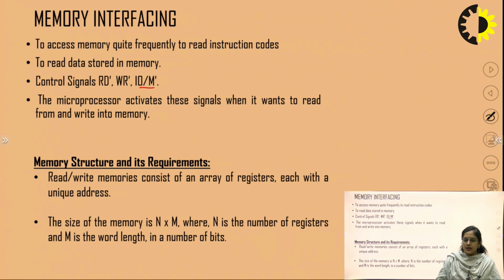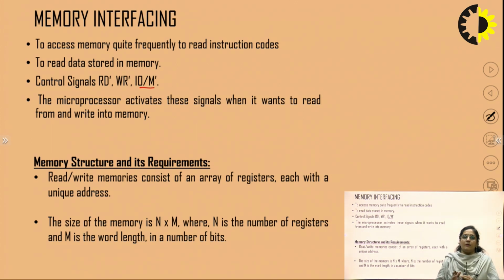If microprocessor has to write something, that is it has to store the result in the memory, again microprocessor has to select the particular memory and it has to make the signal active low, that is write signal. At a time microprocessor can either read a data from memory or it can write the data in the memory. So whenever microprocessor is performing any machine control operation, that is reading or writing from memory, microprocessor has to generate these control signals.